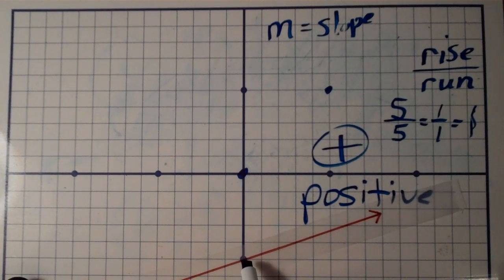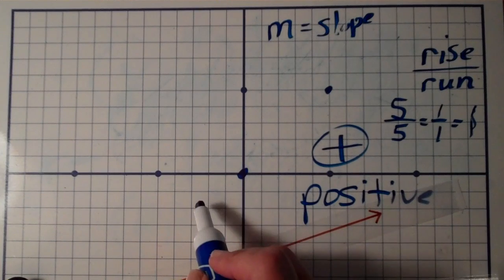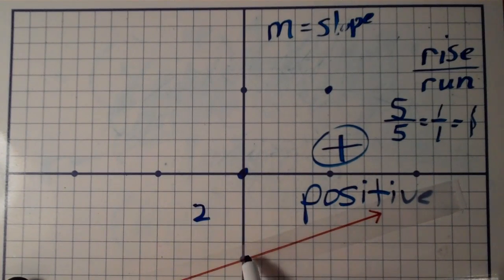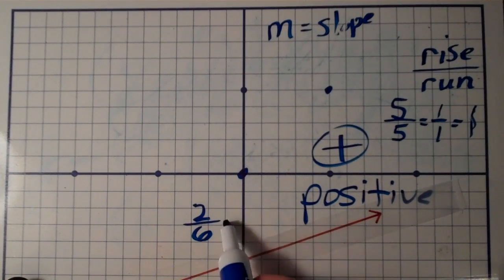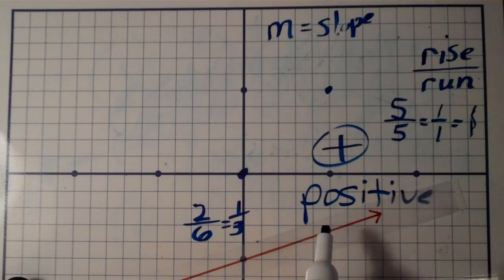From this point, if I go up 1, 2, the rise is 2, and then over 1, 2, 3, 4, 5, 6. This line has a slope of 2 over 6, which reduces to 1 over 3. Still a positive slope, so up 1 over 3, and I would be on the line.